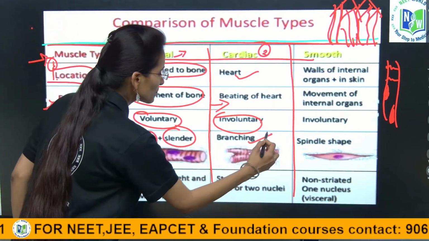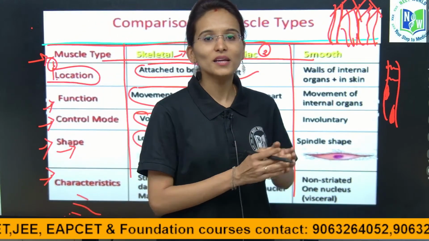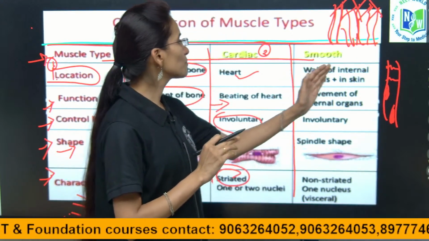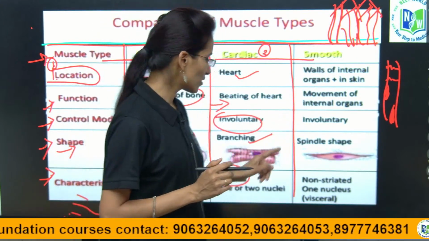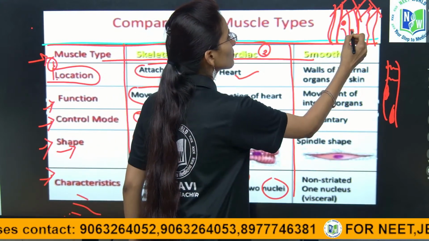We can observe the branching, and these are striated with one or two nuclei. Sometimes they are striated or unstriated, lying in between the smooth muscles and skeletal muscles, and they contain one or two nuclei.